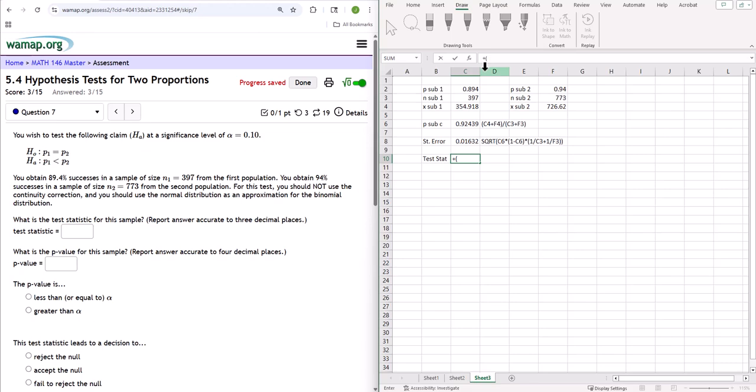With our test statistic, it's going to be p sub 1 minus p sub 2, and we divide by our standard error.